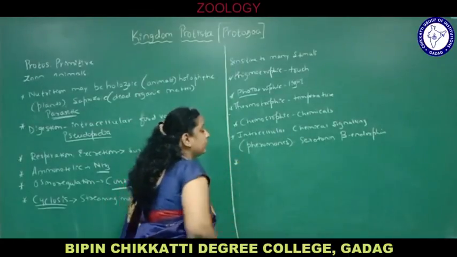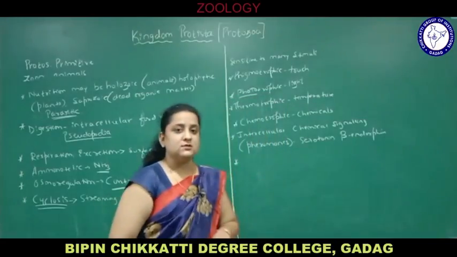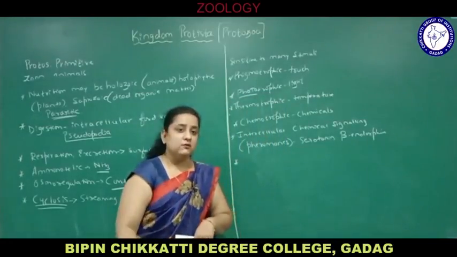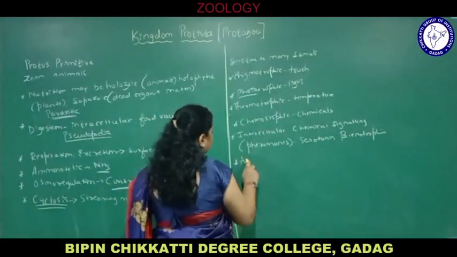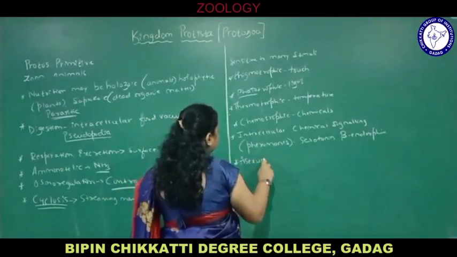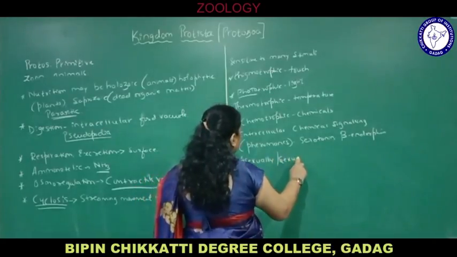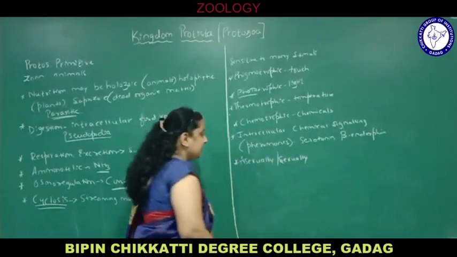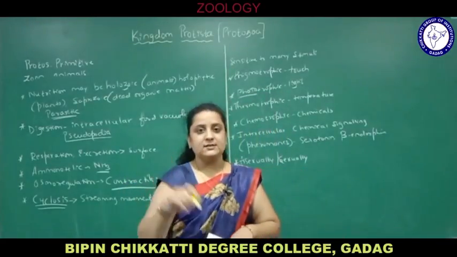Now, the most important topic we have come to now, that is reproduction. It is a biological process where organisms give birth to young ones. So what is the mode of reproduction in protozoans? They reproduce asexually as well as sexually. Asexual reproduction, we already studied at PUC level, but again we will discuss.